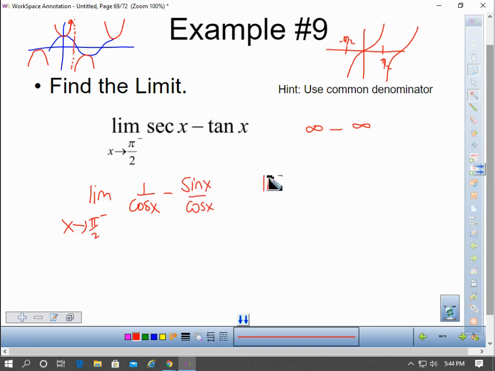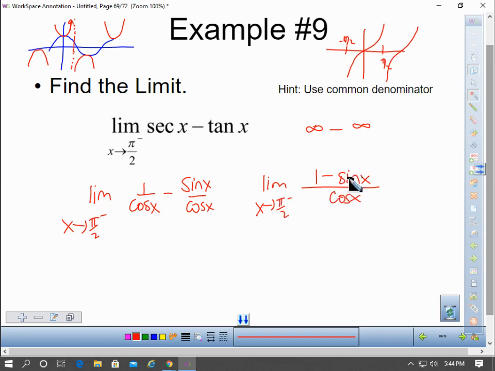So now if I put that together with a common denominator, I'll have 1 minus sine over the common denominator of cosine.